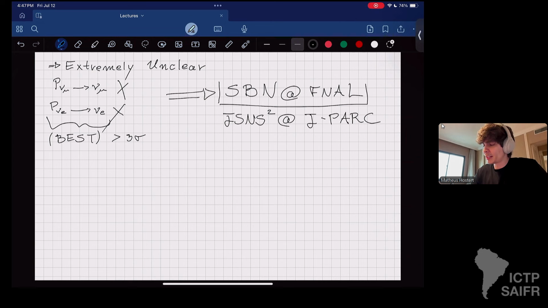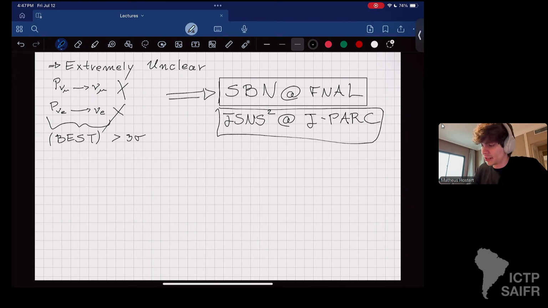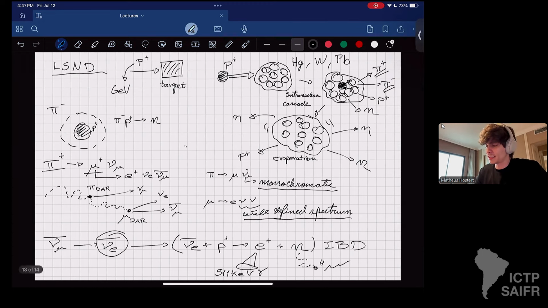The SBN program at Fermilab is basically very similar to the MiniBooNE setup, but with these amazing liquid argon detectors that we heard about from Pedro. And JSNS squared is a very similar setup to LSND, but in a slightly different spallation source, so something that exploits this kind of low energy proton beam.